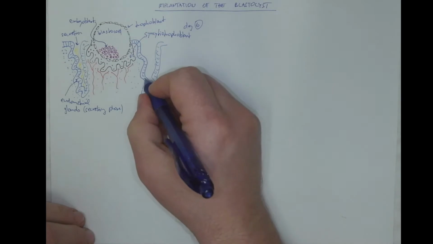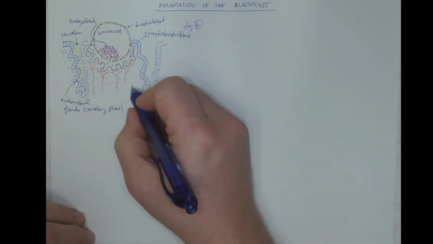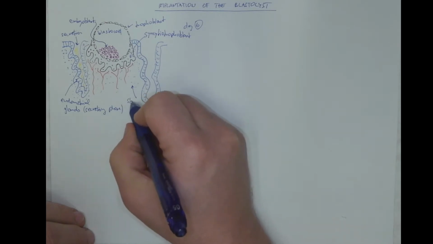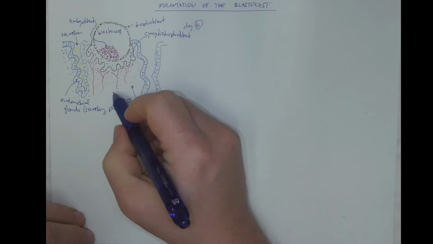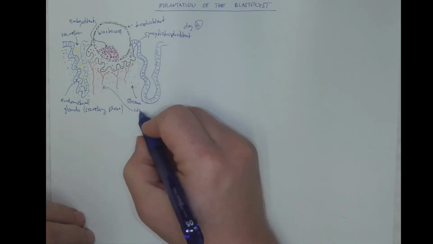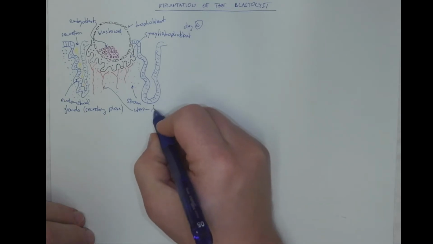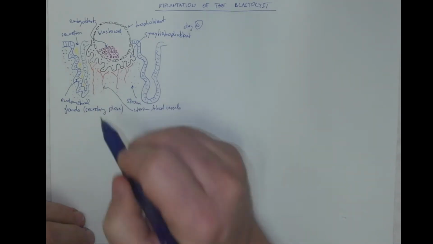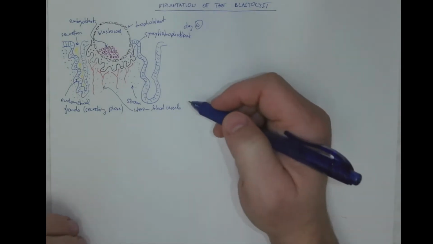Below the simple columnar epithelium, we got the connective tissue stroma, the connective tissue component of the mucosa, and we got the uterine blood vessels, or the endometrial branches of the uterine blood vessels.